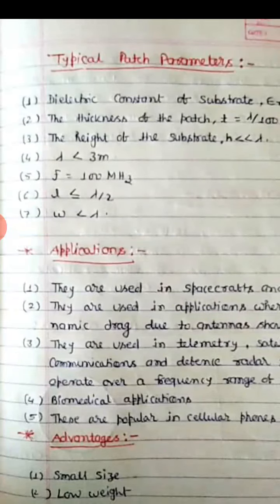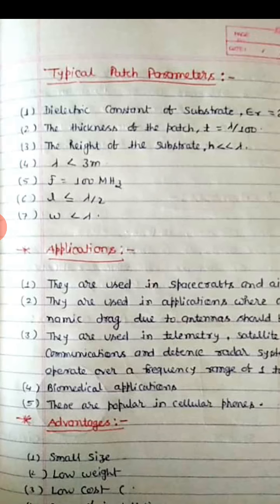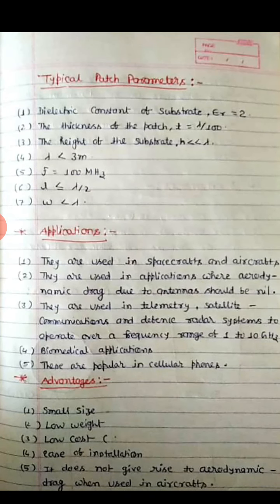Lambda is 3 meters. Frequency is approximately 100 megahertz. Length is less than or equal to lambda by 2, and width is less than lambda. So these are the typical patch parameters for a microstrip antenna.